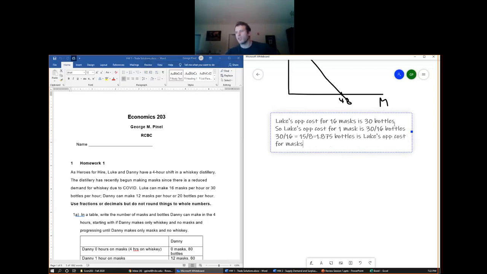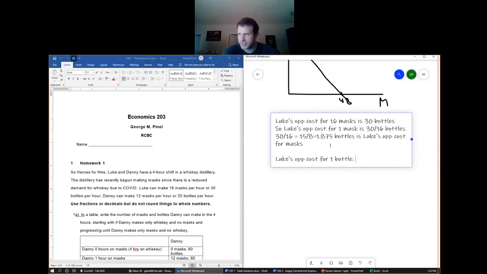Okay. Your opportunity cost for masks is always going to be a number of bottles, because the good that you're giving up will be your opportunity cost. What about Luke's opportunity cost for one bottle?